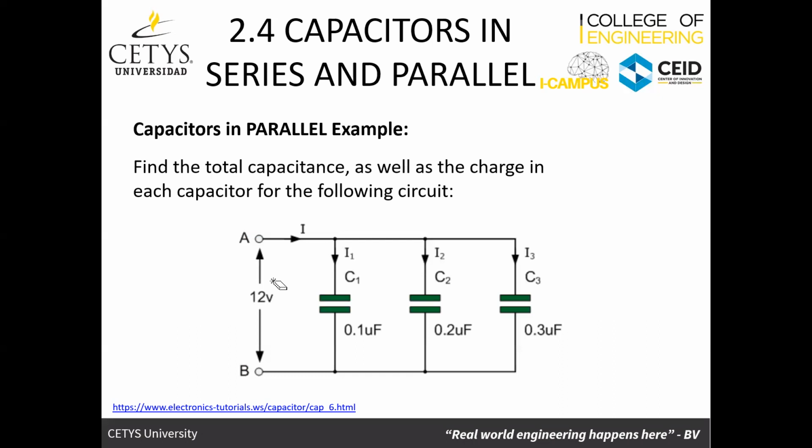Something that is a common mistake in the exam, when I ask you to explain what equivalent capacitance is, one of the responses that I usually mark wrong is when you answer, it's the sum of the capacitances in a circuit.